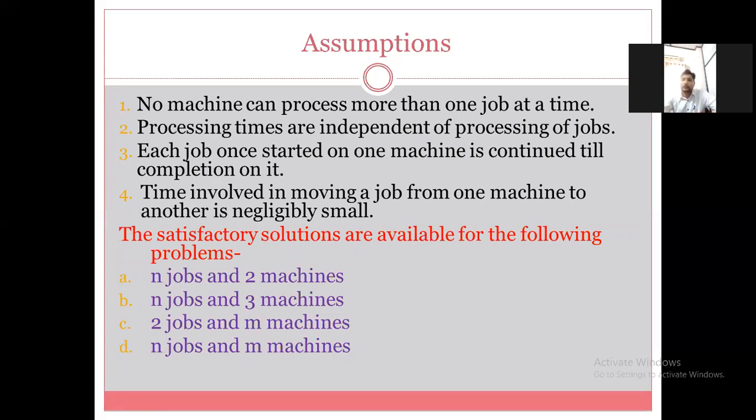So that is nothing but processing times being independent of the processing of other jobs. The third assumption is that each job, once started on one machine, should be continued till completion on it. If you take 100 jobs or a batch of jobs, then that batch of jobs should be completed in one stroke only.